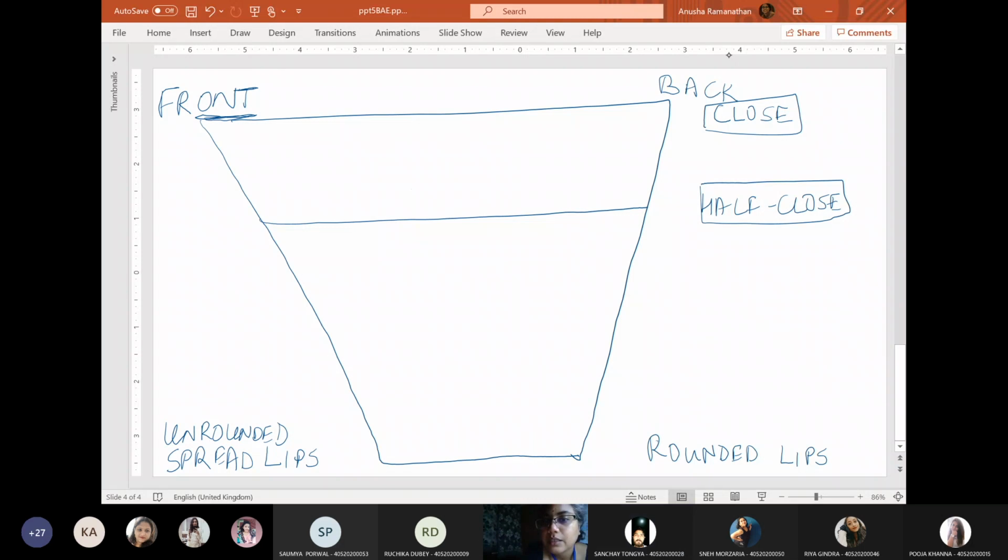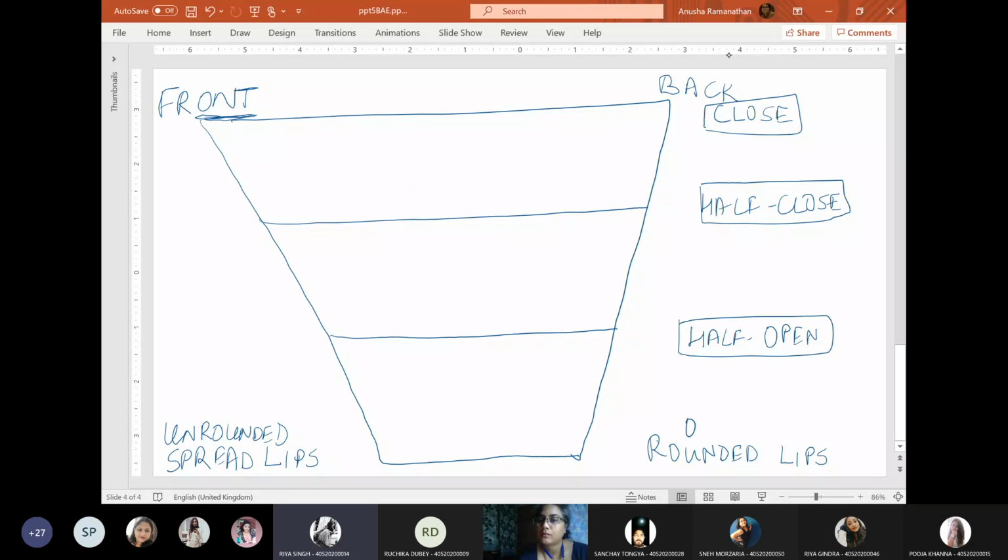There is some issue. Ma'am, can you hear me? In a sense is half open or in a sense. So that is where it is. Can you hear me clearly? Ma'am, yeah, ever since you made the diagram, we couldn't hear you properly.